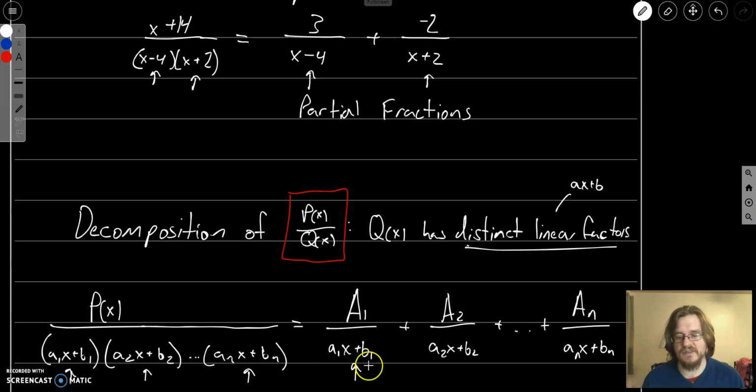Notice that we have the same denominator here as the first factor, the same denominator here as the second factor, all the way out to the last one. What we notice on top, the capital A1, capital A2, all the way through capital AN, these are just numbers. There are no variables on the tops of these fractions. They're all just numbers.